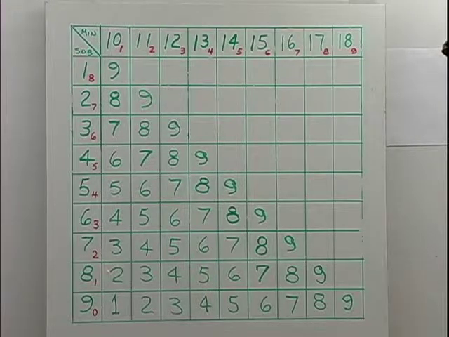So this diagonal, both 2's. 10 subtract 7, 1 and 2 is 3. 11 subtract 8, 2 and 1 is 3. 12 subtract 9, 3 and 0 is 3. So this diagonal is a 3. This diagonal will come out to be a 4, this one a 5, this one a 6, one a 7, this one an 8, and then finally the 9.